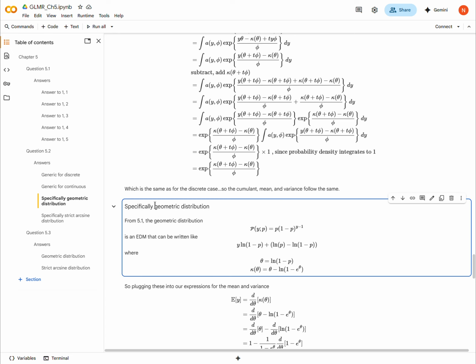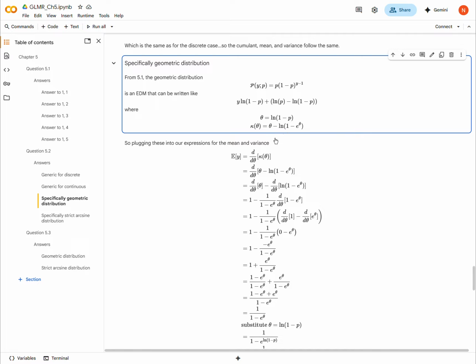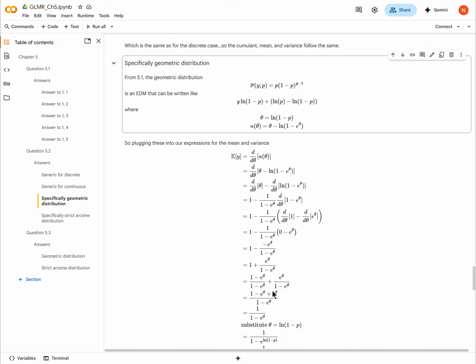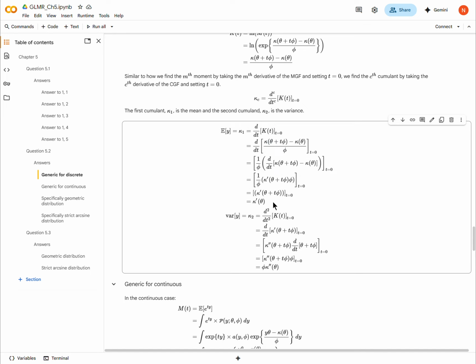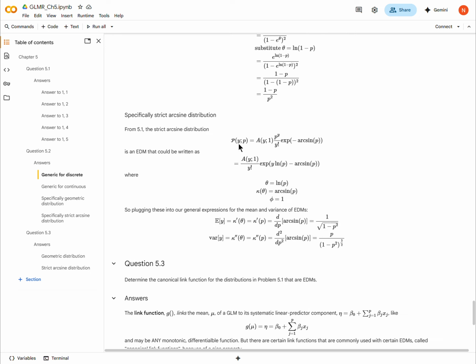All right, so now applying this to the specific distributions, which we found to be EDMs in question 1. So we know how to find the mean and the variance. This is just some information on the geometric distribution. All I'm going to do is plug the appropriate terms into our generic method for finding the mean, which is just the first derivative of the cumulant.